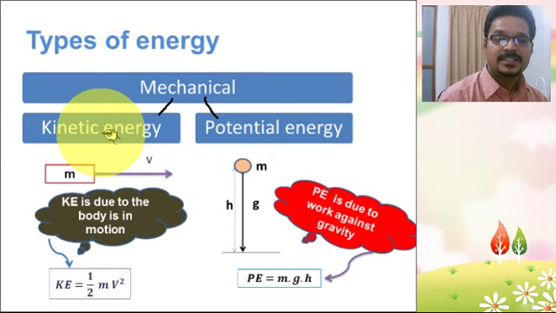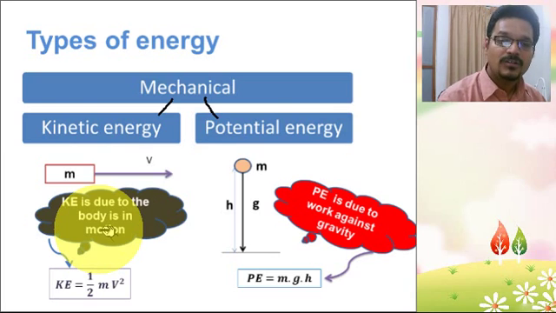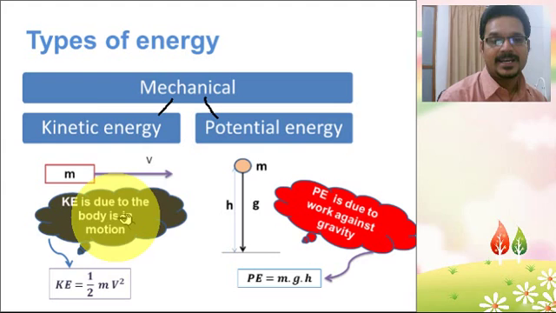Kinetic energy is the energy generated when the body is in motion. Suppose you are driving a car moving in the forward direction, that means the car has kinetic energy. You are running on the road, that means you have kinetic energy. You have thrown a stone and the stone is rolling on the road, it has kinetic energy. So whatever the object, if the object is in motion, it has kinetic energy.